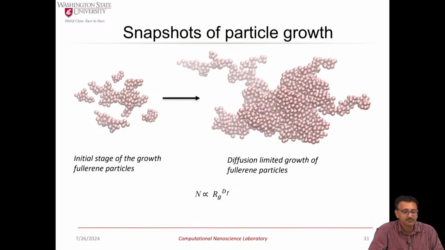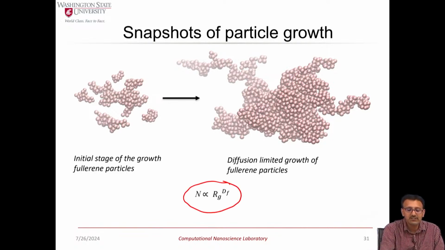Capital N is the cluster size, in this case the current size of the cluster. Where it goes, what its shape is going to be next, is governed by this general law used in the colloidal community. It has to do with the fractal dimension and the radius of gyration of that particular structure at that point.